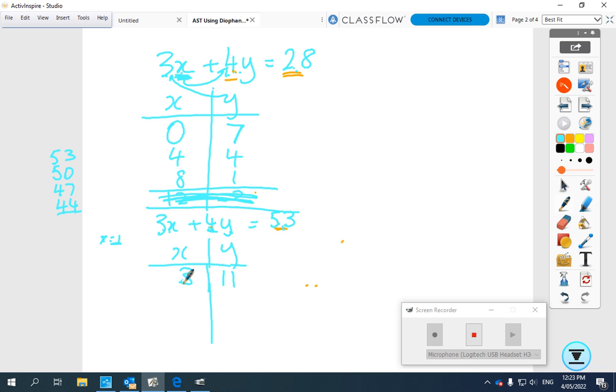Once you have your first answer, you just look for the pattern. X changes by 4, so 7, 11, 15, I'll just do a few, and y changes by 3, 8, 5, 2, and then a minus 1, which you can't have. So there's your solutions.